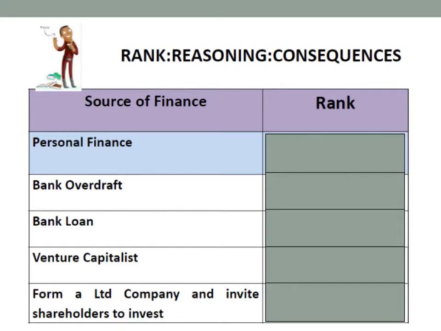So the first activity asks you to rank the sources of finance from 1 to 5, 1 being the most preferred and 5 being your least preferable. So I've given you a head start because I've given you 5 separate ideas that you need to look at.